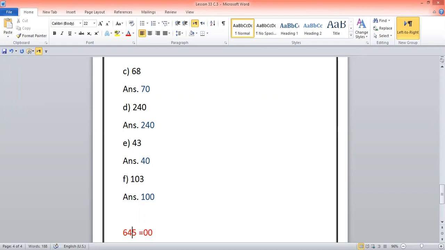That will be decided by the number on the tens place. If that number is 5 or more than 5, then you will add 1 to the number in the hundreds place. If that number is less than 5, then you don't need to add any number, and that will be your answer. Like 645 is equal to 600. Do you understand that, guys?